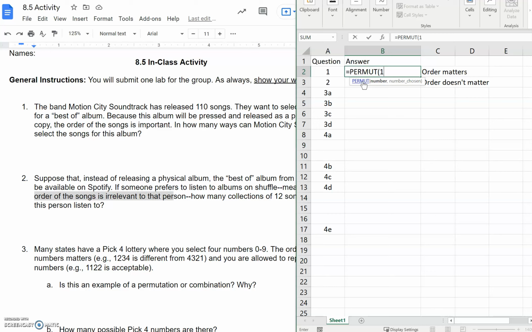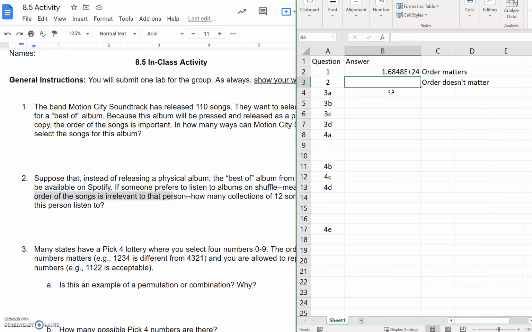So we have 110 songs and we want to choose 12 of those. This gives me some huge number. Remember that E is scientific notation, meaning times 10 to the power. So this is 1.6848 times 10 to the 24th, so we would move the decimal place 24 places to the right. Huge number.